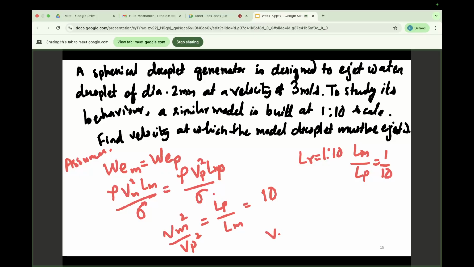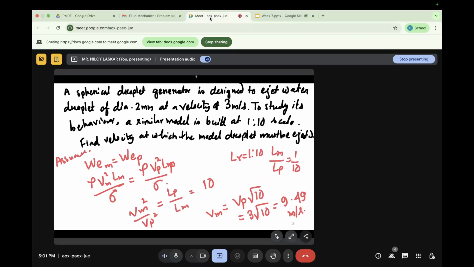We are asked to find the model velocity. So Vm is Vp times root 10. We already know Vp is given as 3 meter per second, so this is 3 root 10. Accordingly, if you find out, it will be 9.49 meter per second. In this way, these types of problems are to be solved.